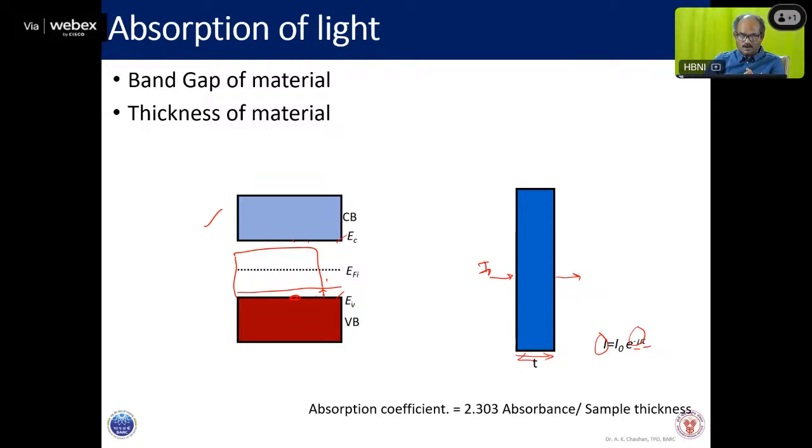Band gap of the material is of paramount importance. If the band gap is not matching with the radiation, it will not be absorbed. And then when it is falling in the to-be-absorbed category, in that case also the thickness of that material matters.